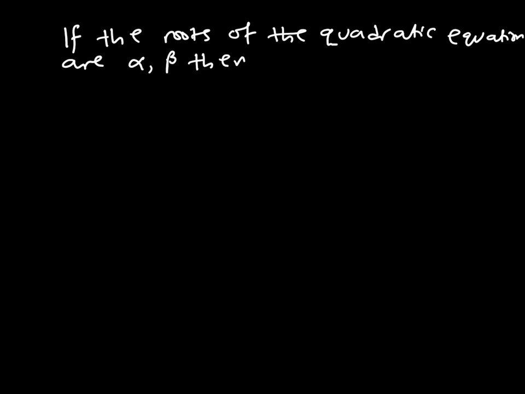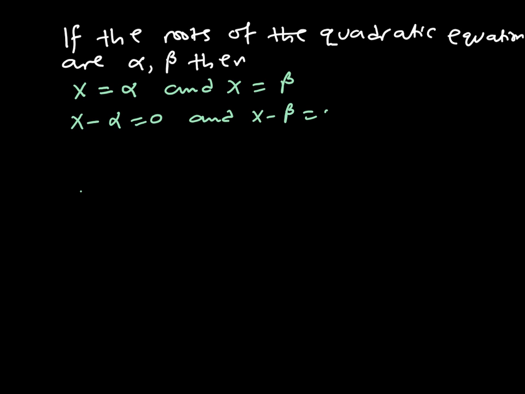So in our discussion today, we want to discover how we form quadratic equations if we are given the roots. If the roots of the quadratic equation are alpha and beta, then x equals alpha and x equals beta, or you can say x minus alpha equals 0 and x minus beta equals 0.